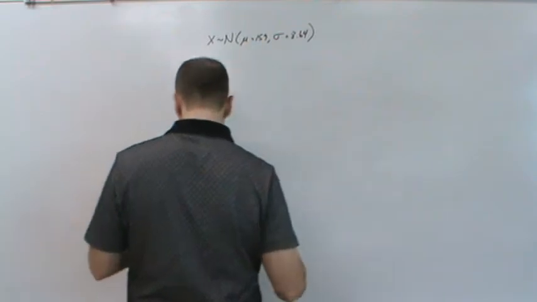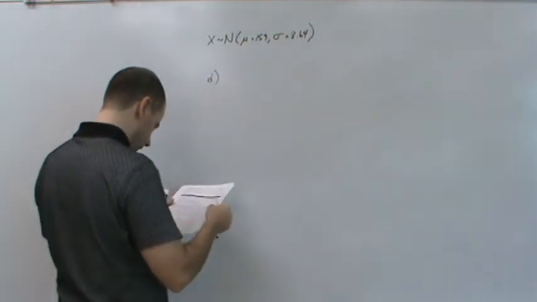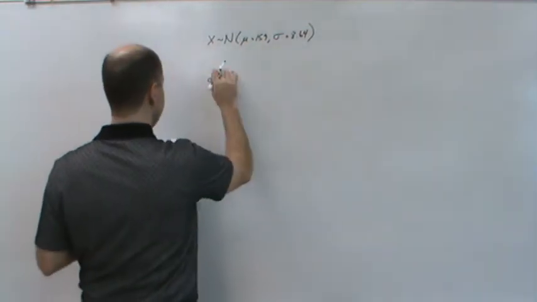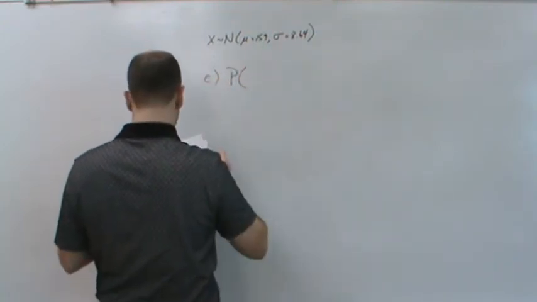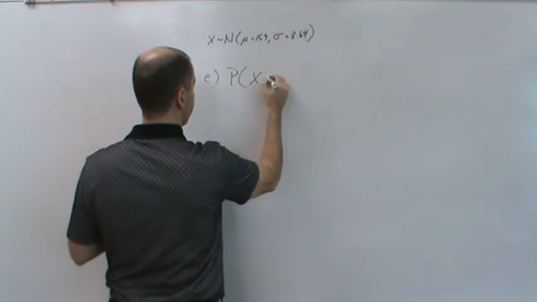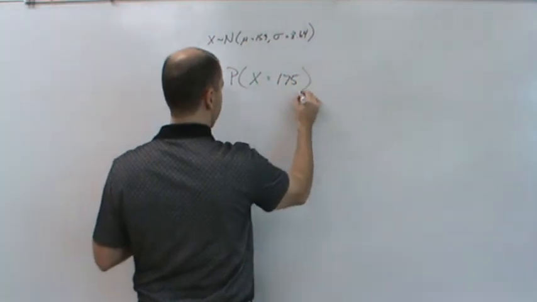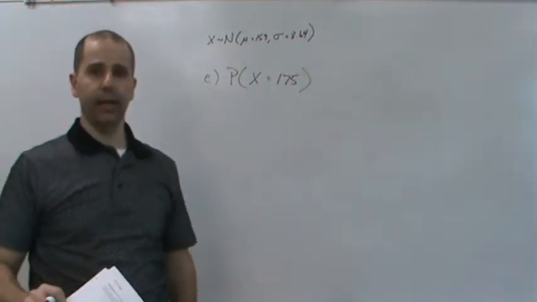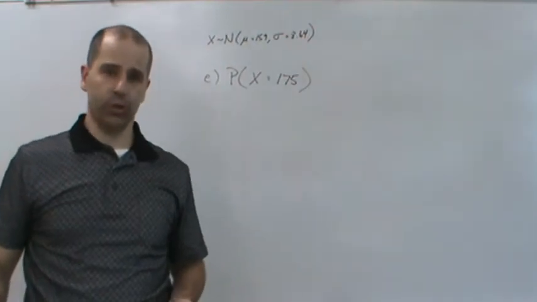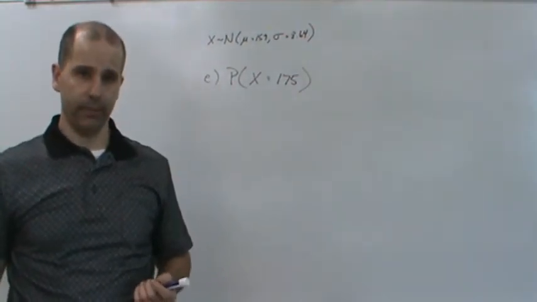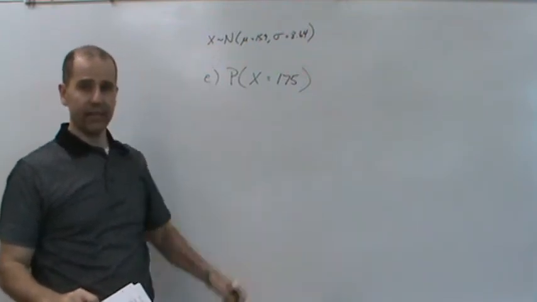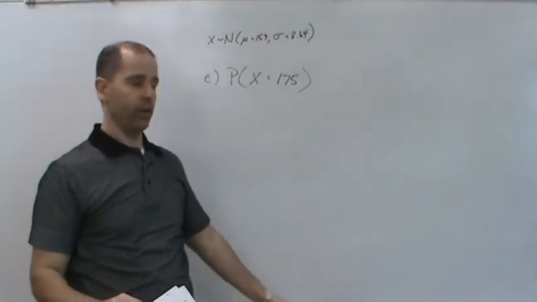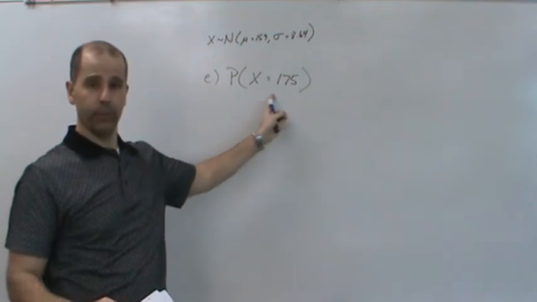So here is the question. E says: what's the probability that x is equal to 175? Now here's the thing. What is the normal approximation for equal to?